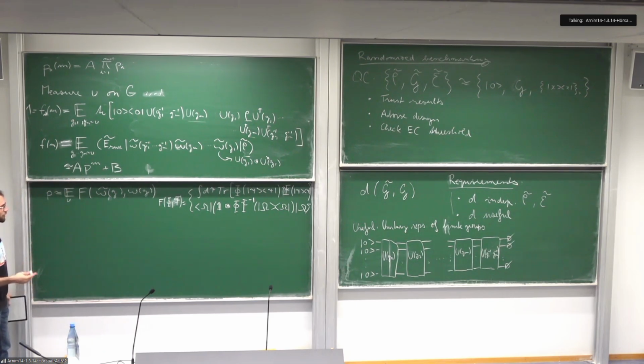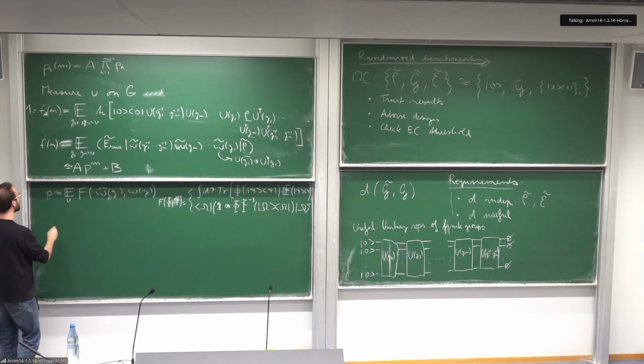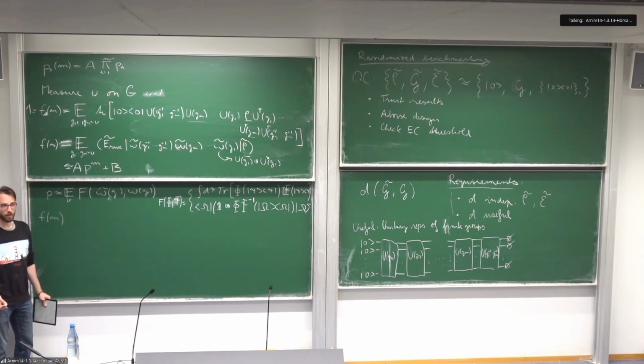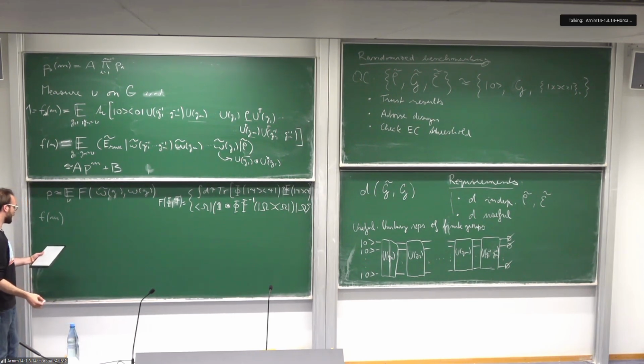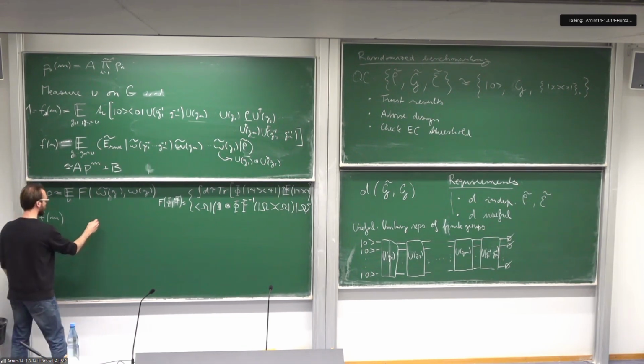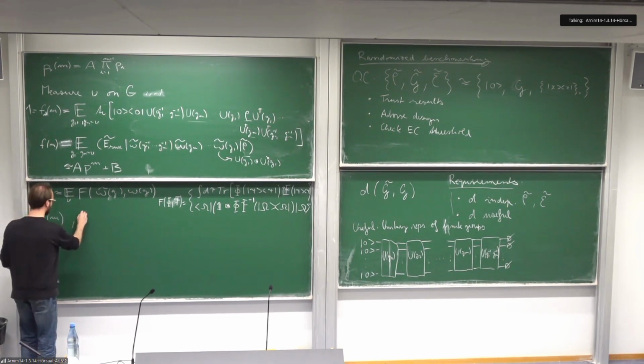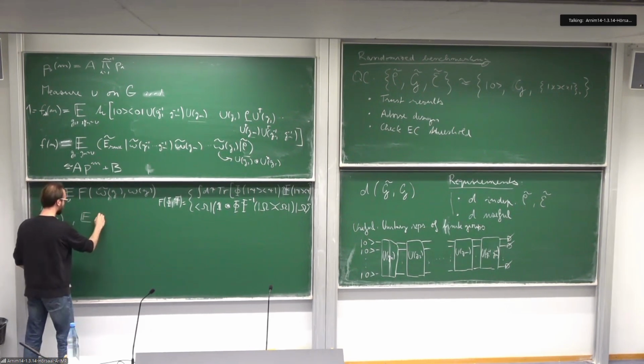So what we do instead is Monte Carlo estimation. Fm is an average success probability, which means that it's a bounded variable, so Monte Carlo is efficient for it. We can just sample a bunch of those circuits and obtain an estimate f hat which is unbiased.